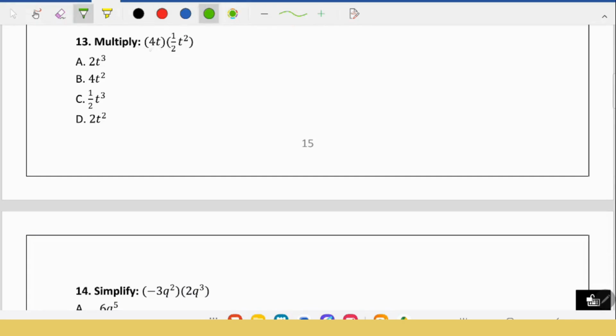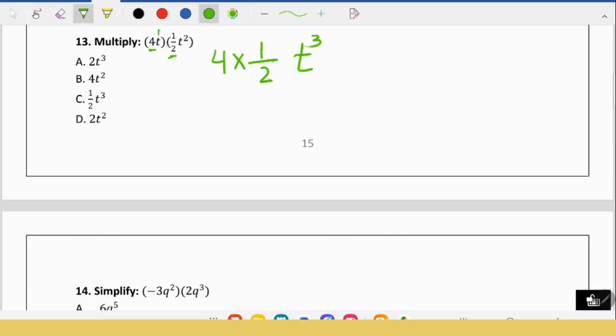In my next question, I have 4t times half t square. So I multiply the coefficient first, 4 times half, and then t and t square. T1 and t square, the same variable. I'm going to add their powers, which is t cube.